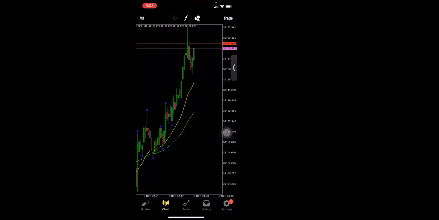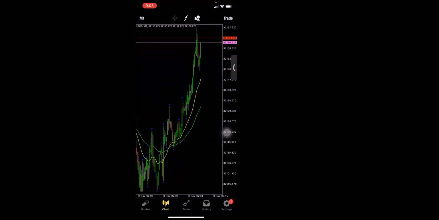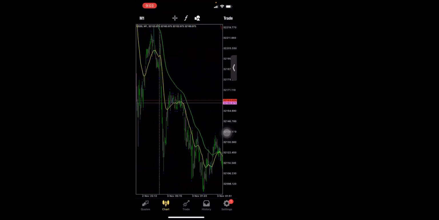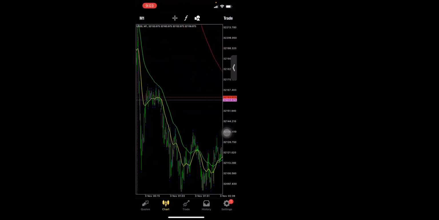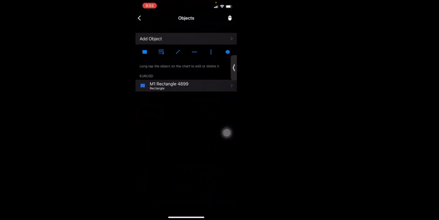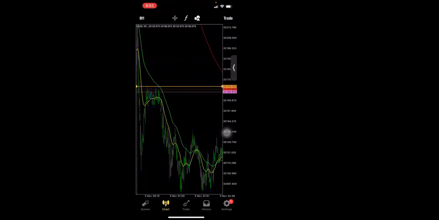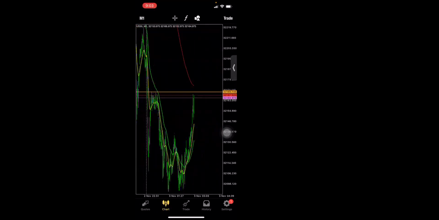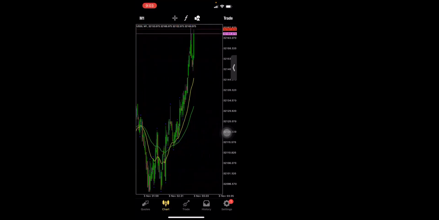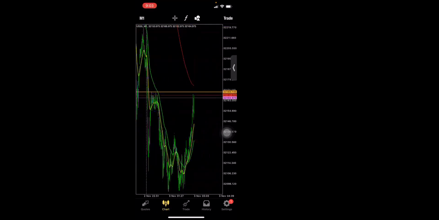So let me see. Ooh. This is what I would target if I was hopping into a trade right now. It'll be these highs right here. If price rejects really bad off this high, I'll go for a sell.